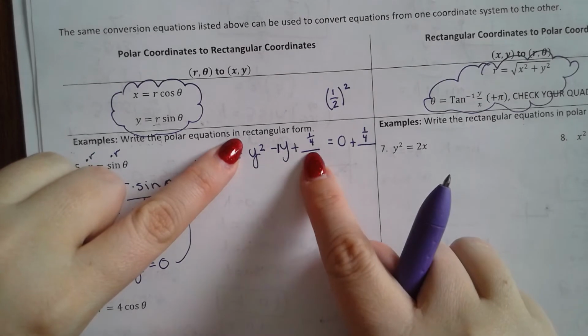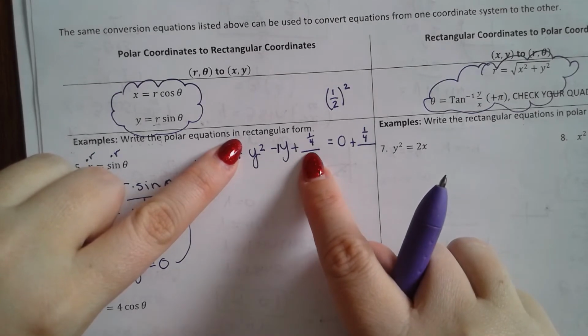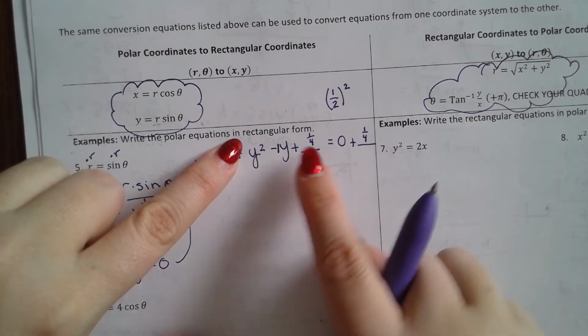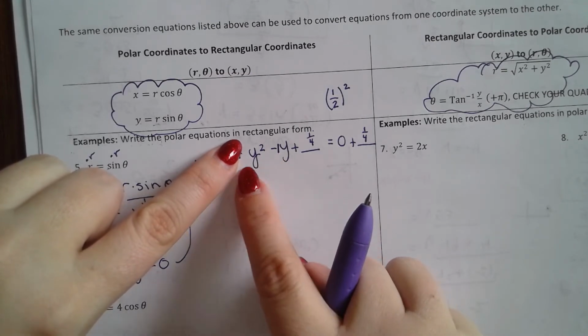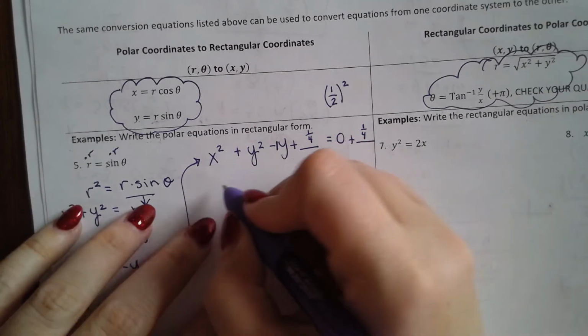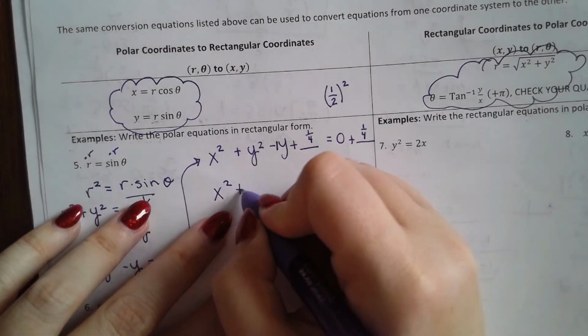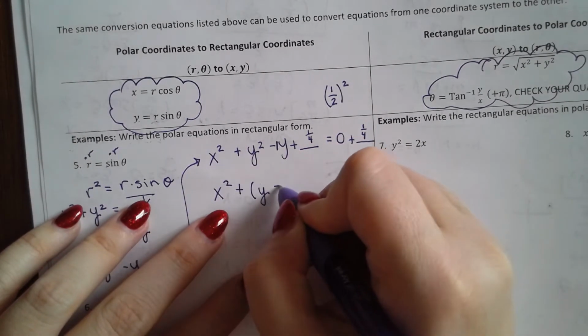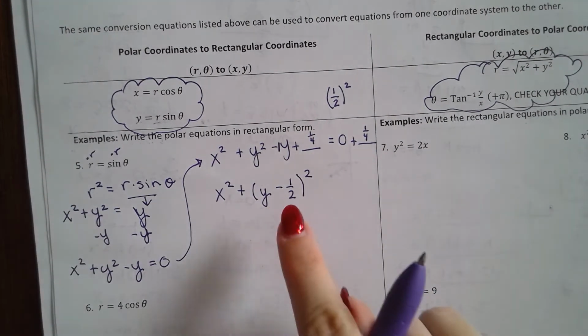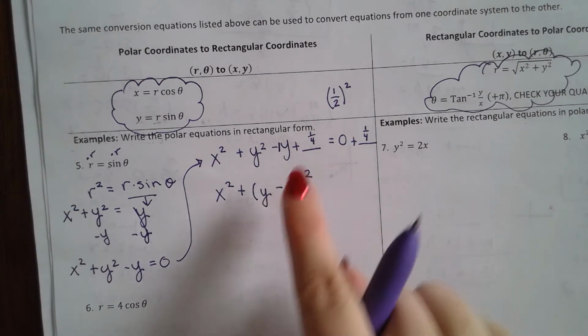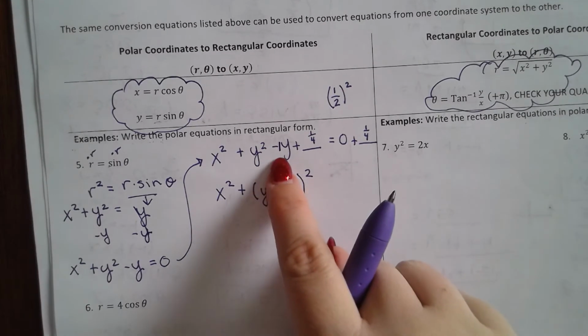So if I did -1/2 times -1/2, I would get +1/4, and if I did -1/2 plus -1/2, I would get -1. So this is a perfect square trinomial. We could write that as y minus 1/2 squared, because -1/2 times -1/2 is a positive, and -1/2 plus -1/2 is a -1.